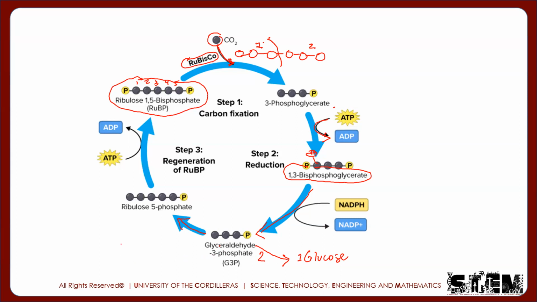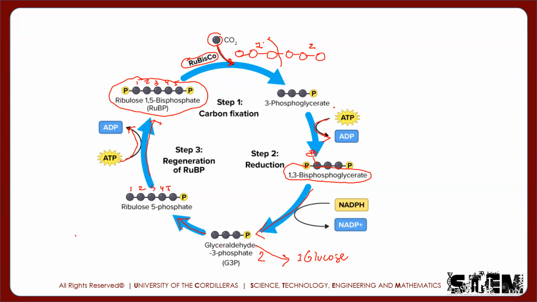So G3P will become ribulose 5-phosphate, 1, 2, 3, 4, 5, which is a 5-carbon molecule again. And with the use of another ATP, ribulose 5-phosphate will be converted to RuBP, which is the starting molecule to start the Calvin cycle.